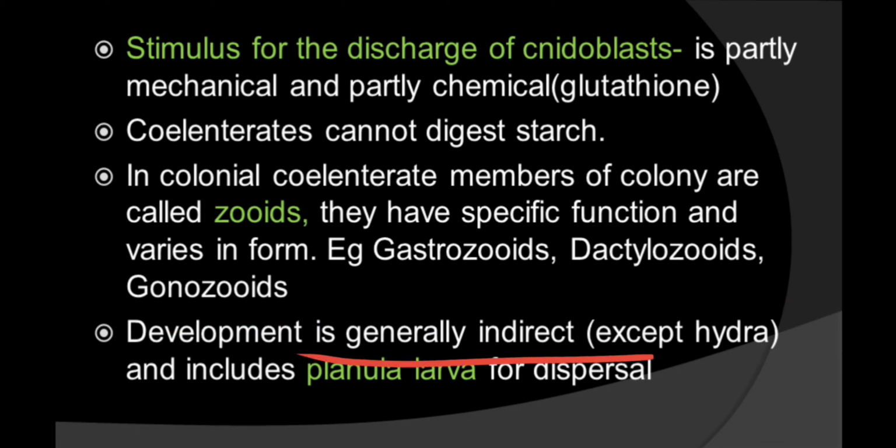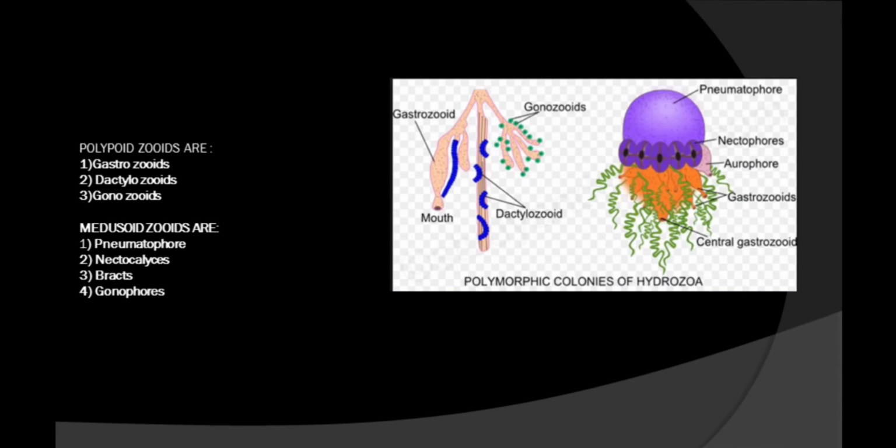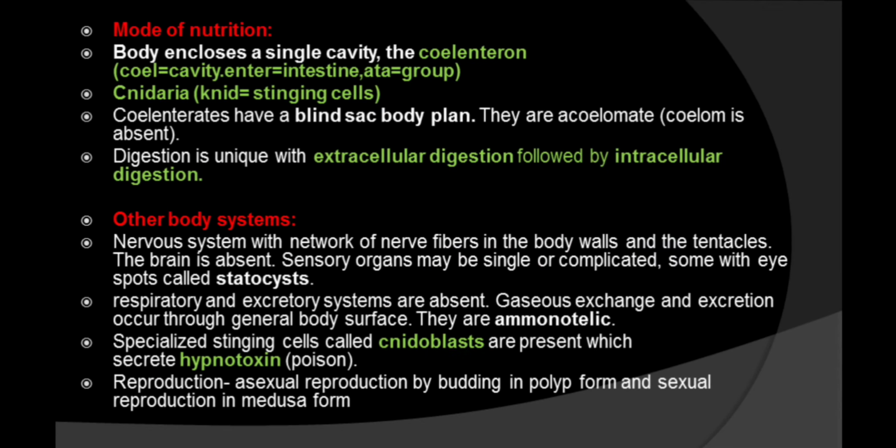Development is generally indirect. It means it includes a planula larva, whereas this larva is absent in hydra. Now if you talk about the mode of nutrition, here you will see there is a single cavity, which is known as the gastrovascular cavity.